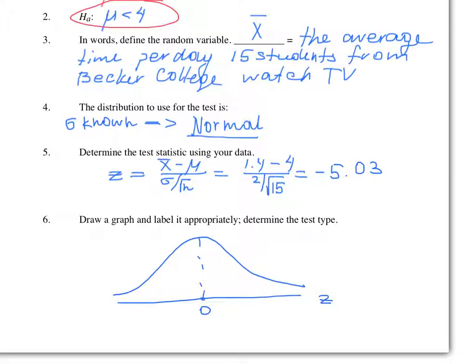HA is mu less than 4, which means that I have the left tail test. So this is negative 5.03, and I just need to find the probability, the p-value.